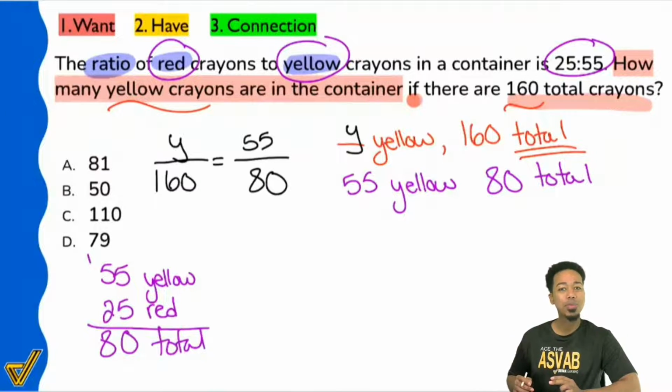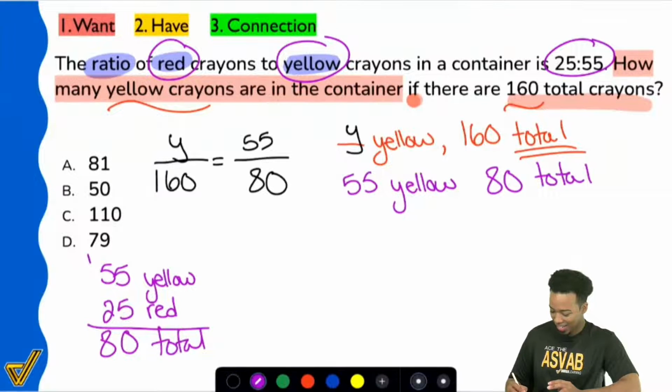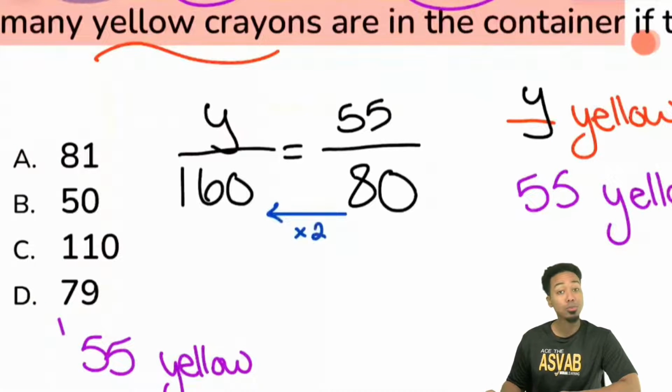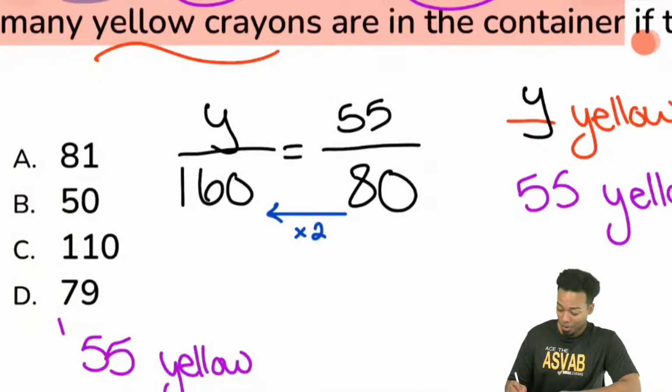But one thing you might want to notice is that, hey, look, right over here, 80 to 160, that's a times 2 relationship. So if I want to go from 55 to the answer, I can do the same thing, times 2.